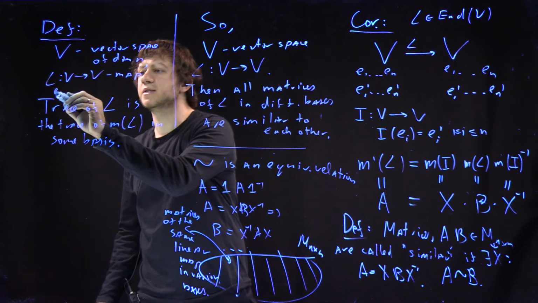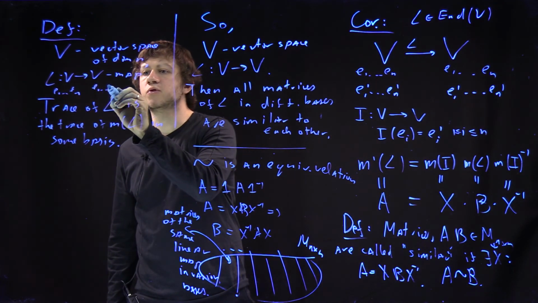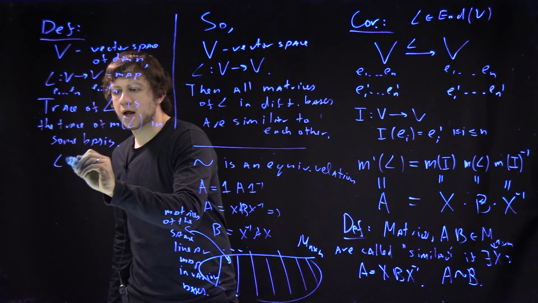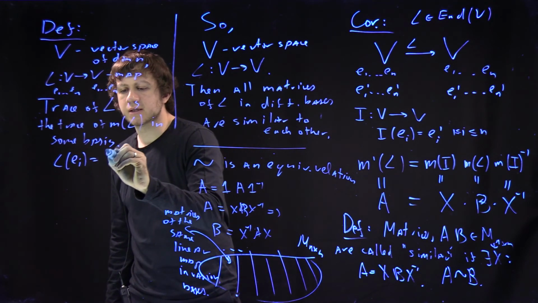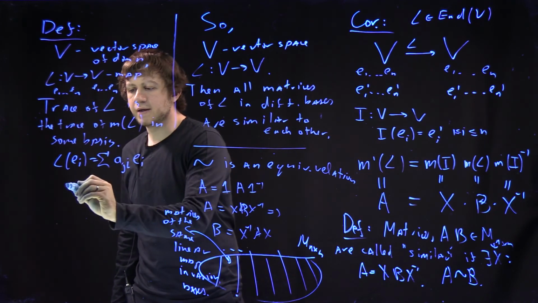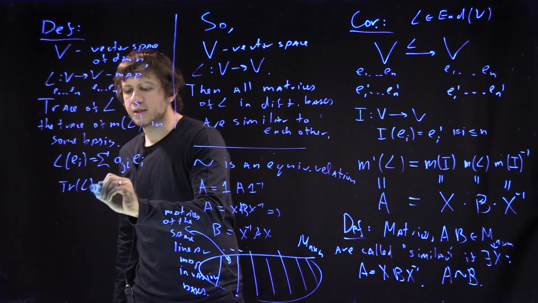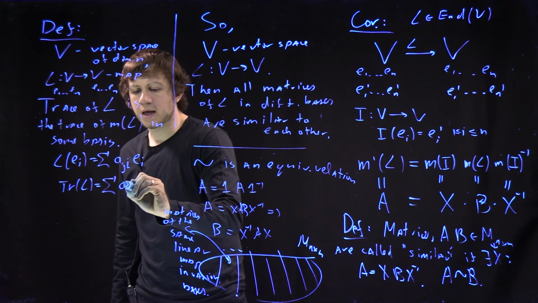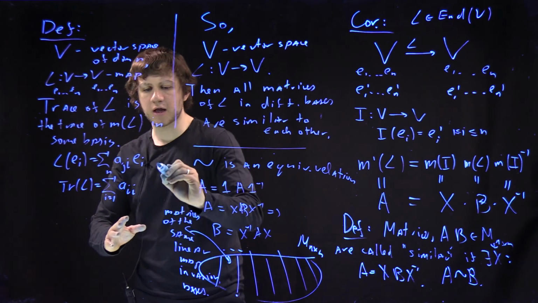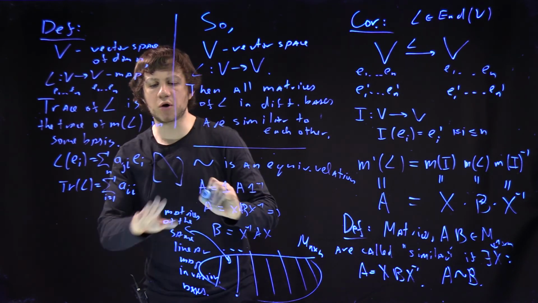So you have some basis E1 up to En, E1 up to En. If L of Ei equals the sum of Aji Ej, then the trace of L is the sum of Aii from i equals 1 to n, the sum of diagonal elements of the matrix. Remember, that's from homework.